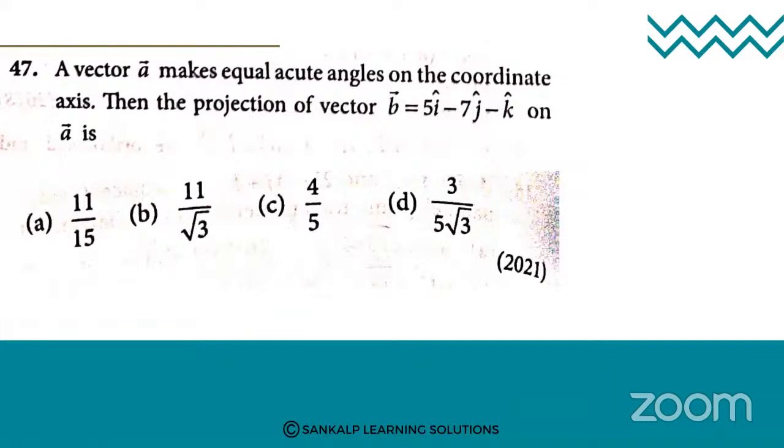In question number 47, what's given? It's given that the vector makes an acute angle on the coordinate axis. Then the projection of the vector is what? So we'll simplify this.